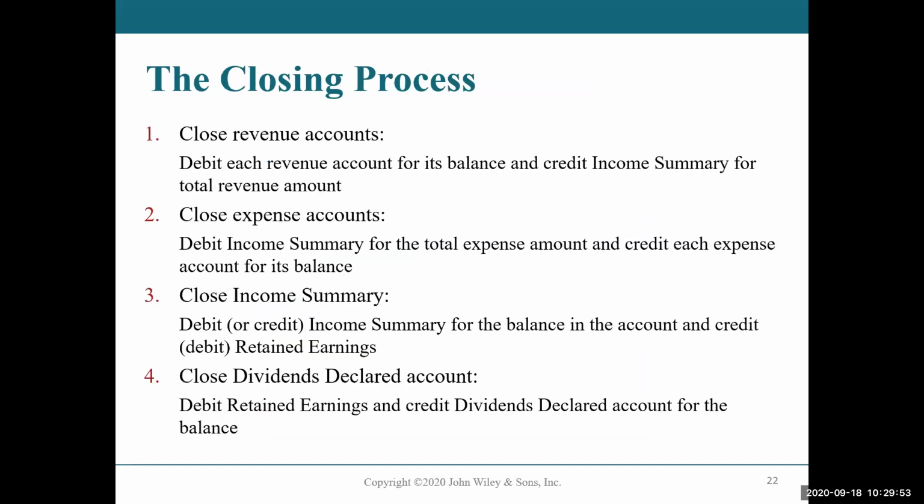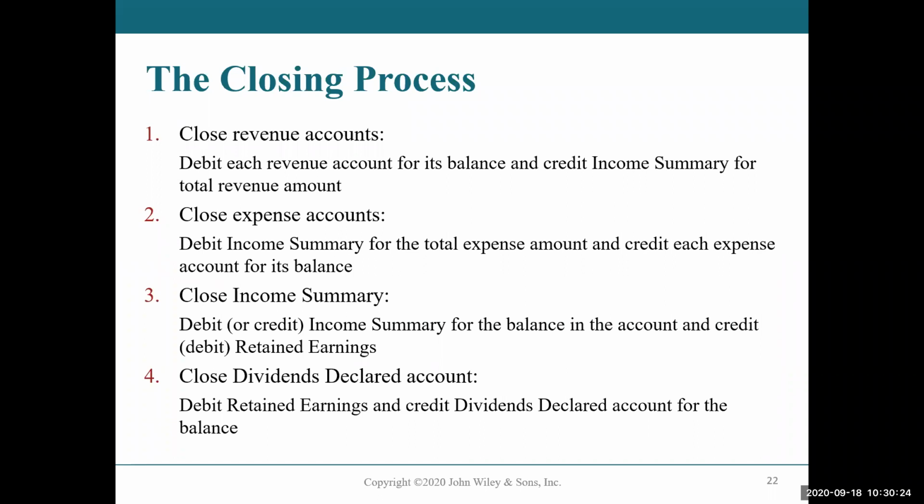So this is what your closing process looks like. First of all, we always close in the sequence of the color red. So revenue accounts first, expense accounts second, and then we finally move on to the dividend account. But in between, we'll have to clear out something else that we will talk about in a bit. So your revenue account has a normal balance of credit. In order for you to close it, you're going to debit that account.